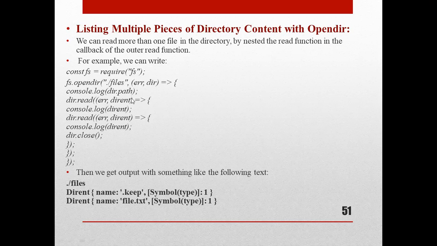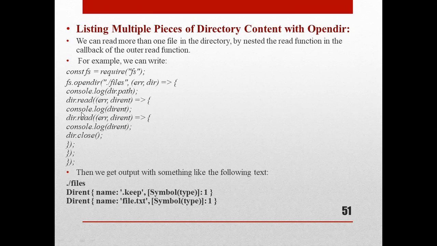Then using that directory handle, dir.read the directory. Inside that, pass the callback: if there is any error, it will give an error, otherwise it will proceed further with the dirent from that directory.